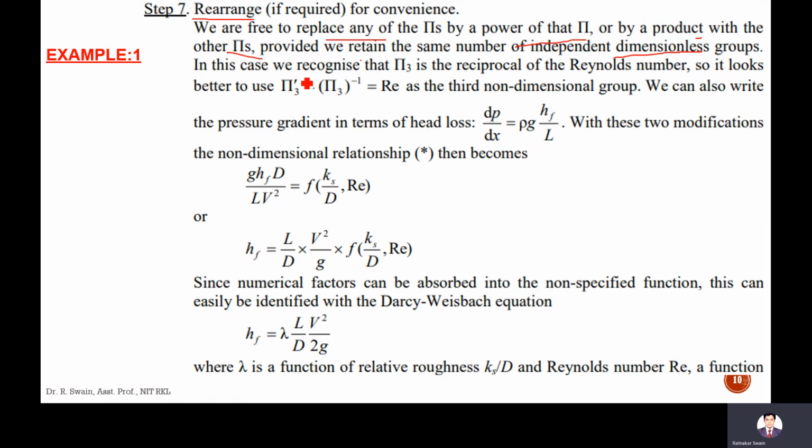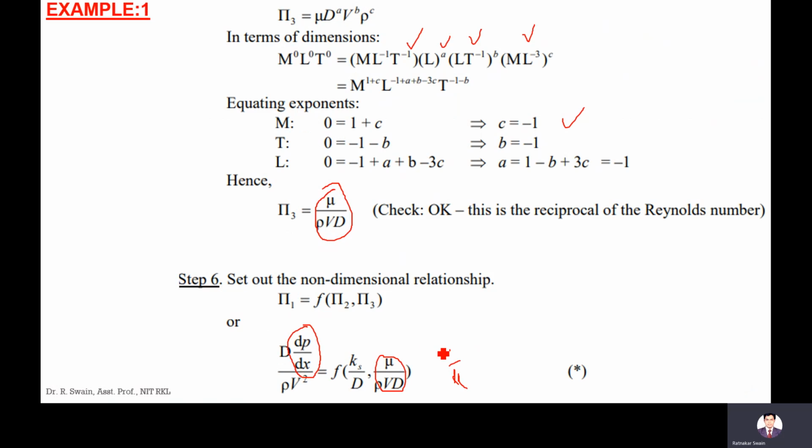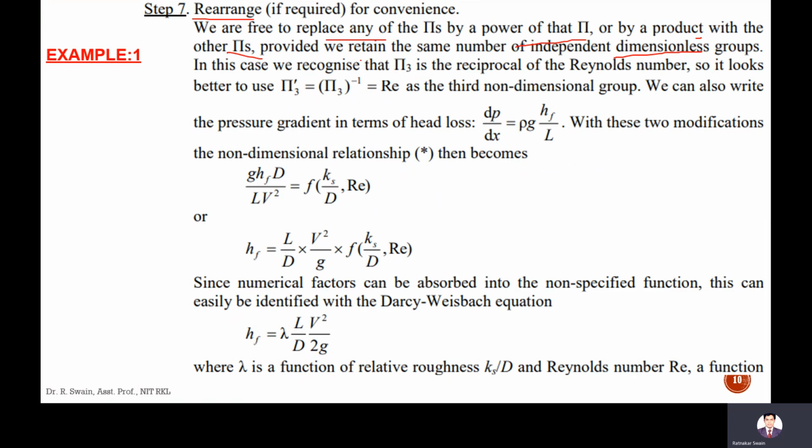In this case, we recognize that pi 3 is a reciprocal of Reynolds number, so it looks better to use pi 3 to the power minus 1, so it is a function of Re. It is as per the rule, but it is not essential to do.